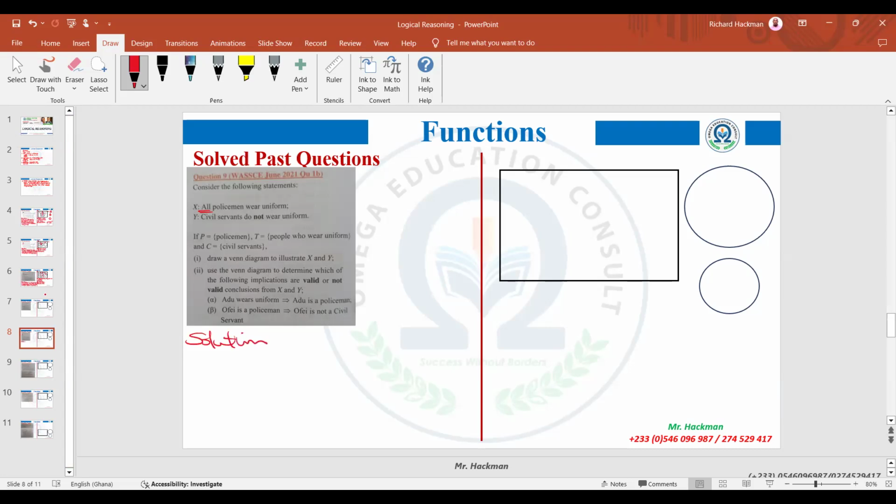So, solution: let's define our set quickly. What are we dealing with? People. Do you agree? So we are dealing with a set of people, and let me use mu to represent my set of people. Then let's look at the first statement.